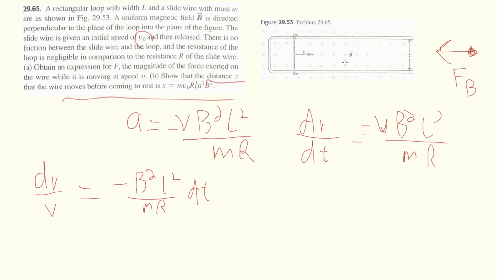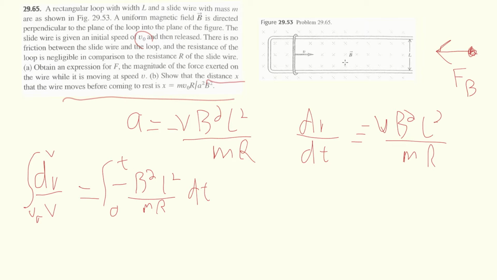Okay. And we have to integrate both sides too. So this integral is going to be from 0 to t, and this integral is actually going to be from V naught, because it doesn't start at 0, to V. So we're not going to put 0 in yet. We're just going to integrate those. Okay. So the integral of the other side is going to be ln.